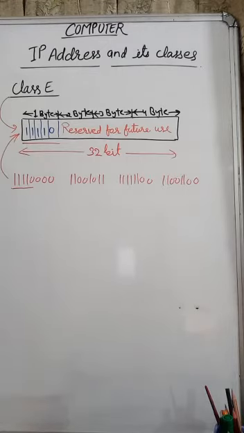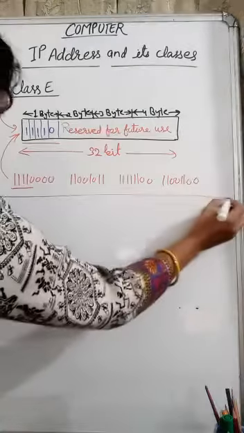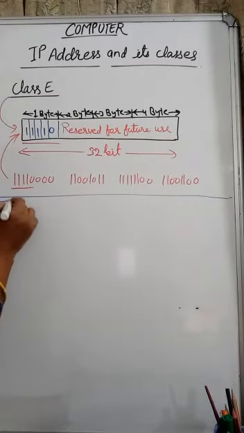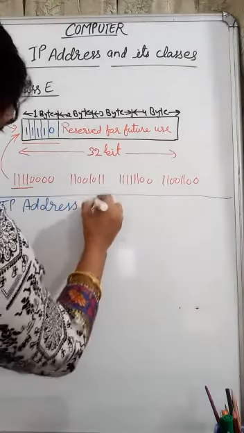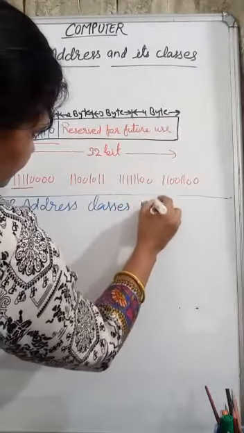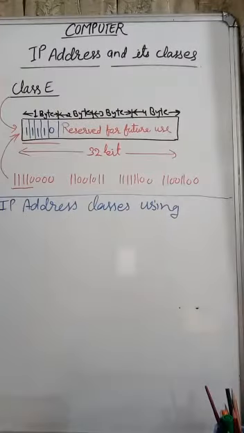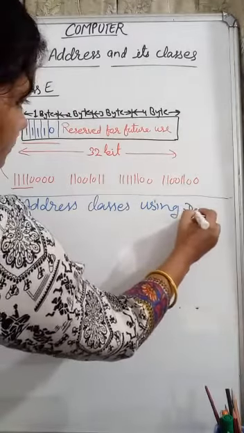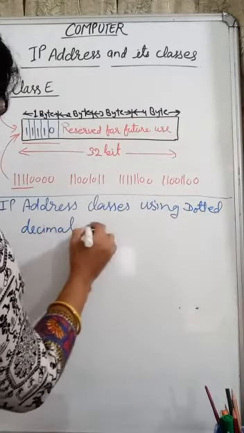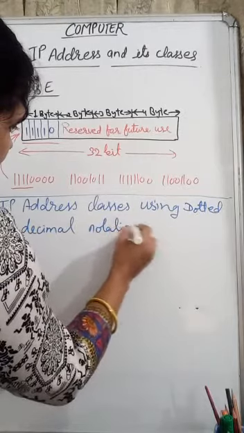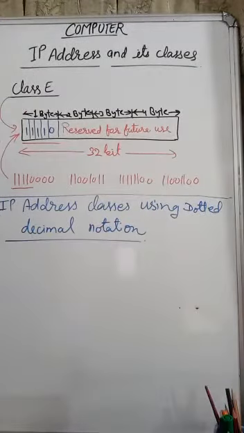Okay. Now the IP address classes using dotted decimal notation. How to define this?